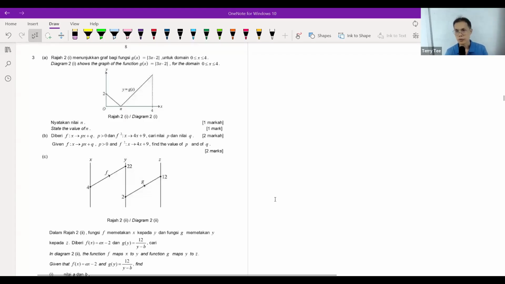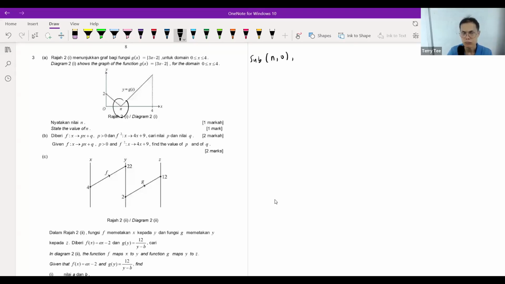Let's move on to question number 3. This is from Form 4, Chapter 1, Functions. Here, in part A, we have a modulus graph of the function g(x) equals 3 modulus of 3x minus 2. Now you notice that the graph intersects the x-axis here, meaning it passes through the point (n, 0). At the x-axis, your y is 0, right? So we can substitute this coordinate into your function.